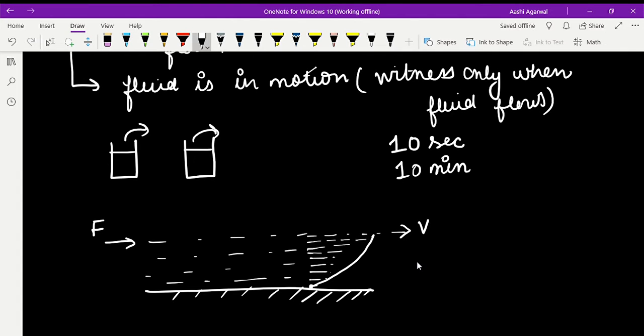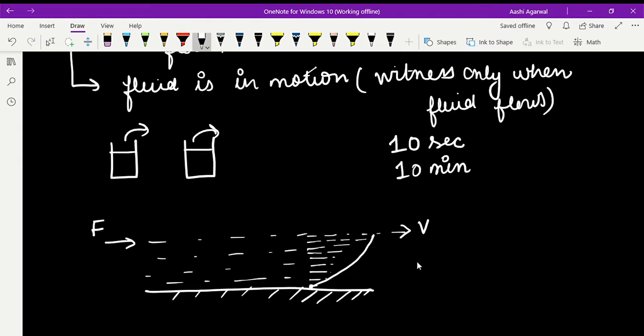Now this velocity gradient has been set up due to shear resistance or due to shear stresses that are generated. And why are they generated? They are generated because fluid has some viscosity. Please note that this shear stress has been generated because of the viscosity of fluid.